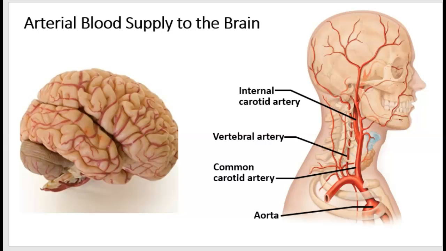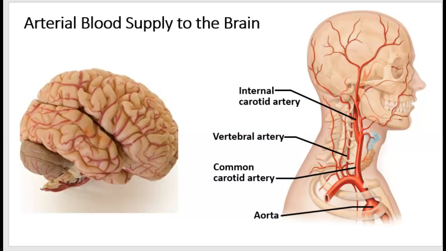So we should review the arterial blood supply to the brain to talk about these tight junctions or the blood-brain barrier. The picture on the left of the slide shows the extensive network of arteries that supply oxygenated blood to the brain. These arteries are the location of the blood-brain barrier. Their walls are the ones that contain tight junctions between the cells.